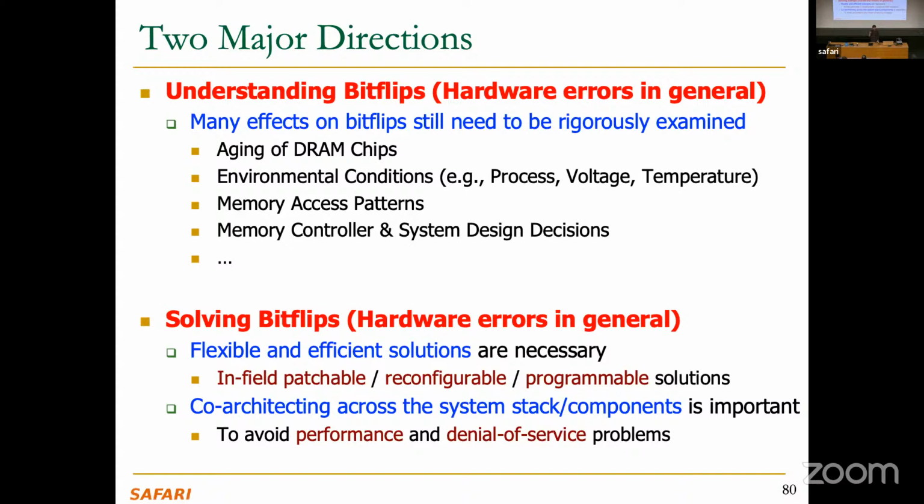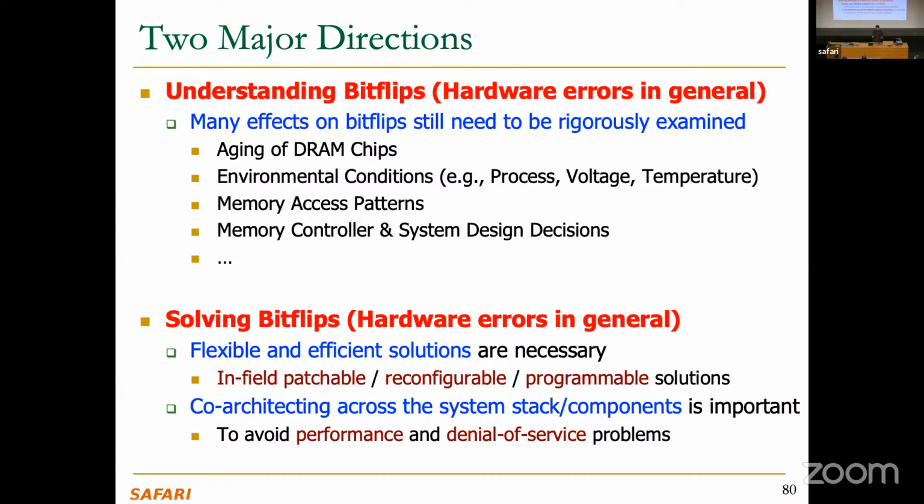One, dominant in RowHammer, is that if you keep opening and closing a row, then when you open the row, current flows and electrons move between the capacitor of the cell and the bit line.